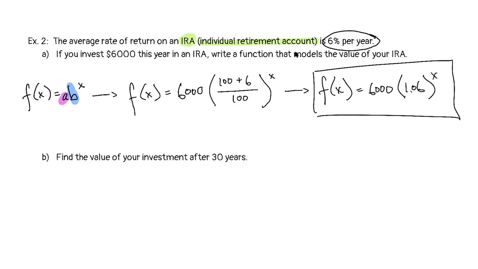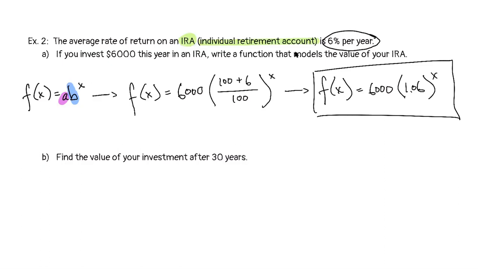Okay? So with this equation, we can figure out how much our money is worth at any point in time, right? So let's say you're in this first job. You found your dream job, you put $6,000 into your IRA the first year because Judy said to, and then you forget about it.